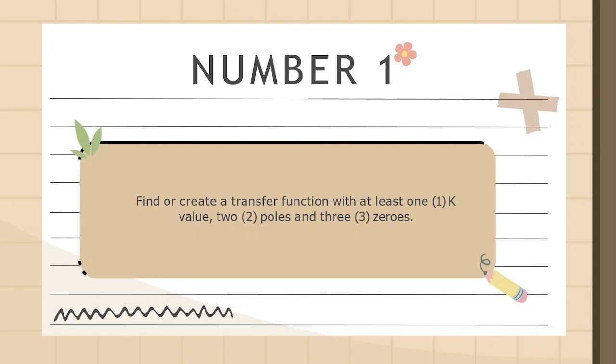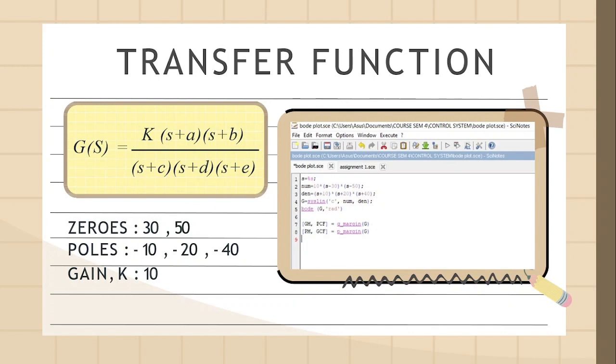So for the first question, we need to find or create a transfer function with at least one key value, two poles and three zeros. As we can see here, the left box shows the transfer function that we need to use for our project. For the values of A, B, C, D, and E, we need to decide by ourselves.